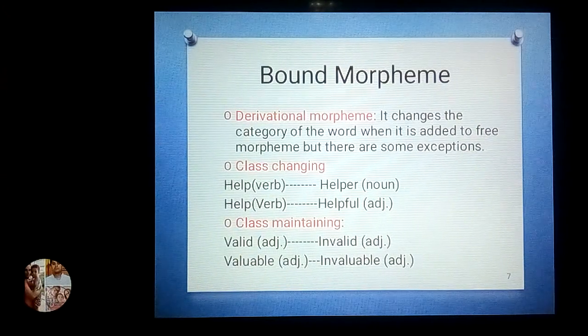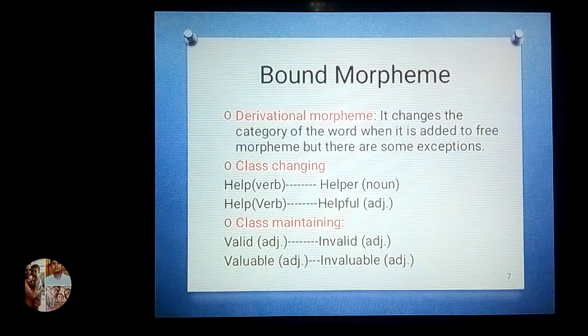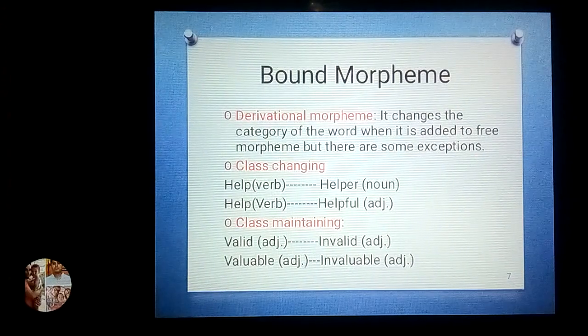Then class maintaining morpheme or class maintaining bound morphemes. The morphemes that do not change grammatical category of the words are called class maintaining morphemes.